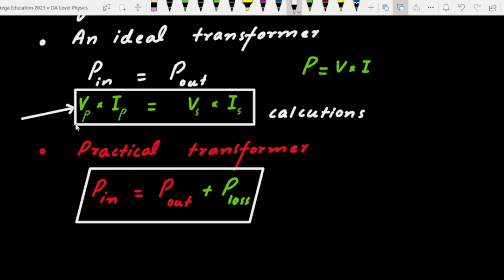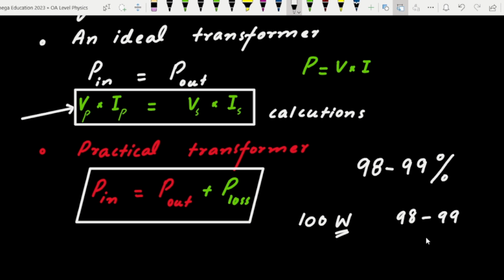And by the way, a transformer may not be an actually ideal device, but the efficiency is very high. It is like 99% efficient. So let's say you have provided 100 watts as the input power, so you'll be getting at least 99 watts as the output power, and that is such a high efficiency for an electrical device.